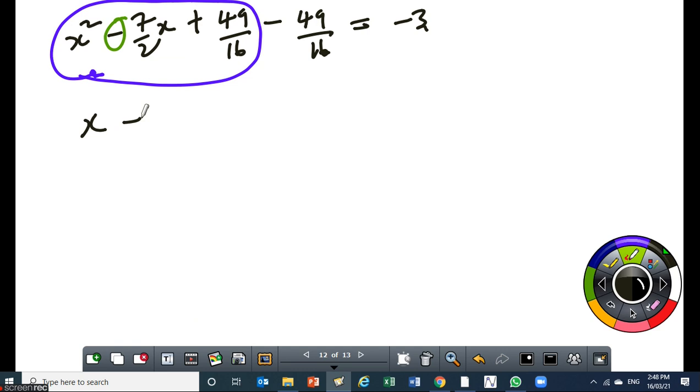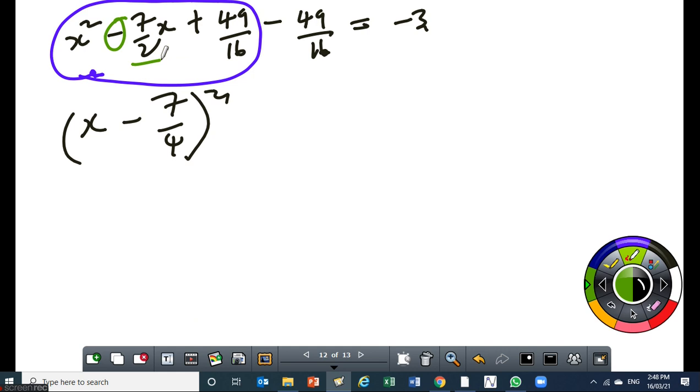Then I'll square it. So if you get the half of the coefficient of x, that half of the coefficient of x must be inside the binomial factor. If you use FOIL here, you will come back here.